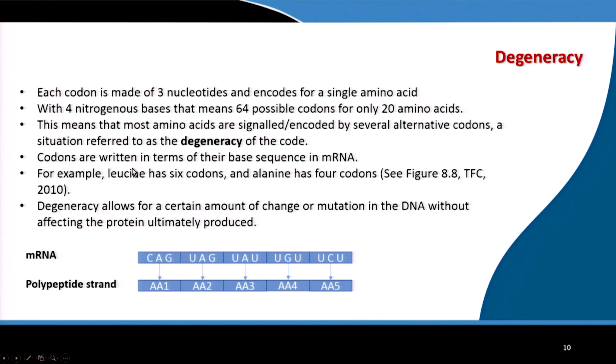These codons are written, like I said, in their base sequence in the mRNA, just like it's shown over here, and each set of 3 codes for an amino acid. Because we have 20 amino acids and 64 possible codons, several codons translate for the same amino acid.